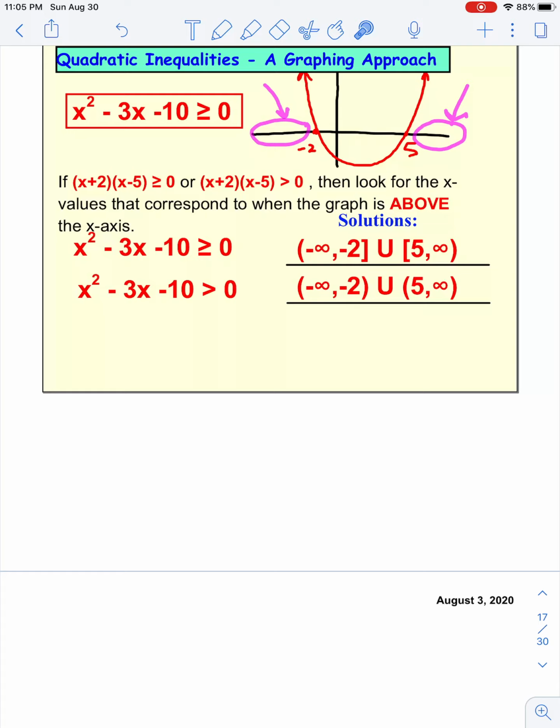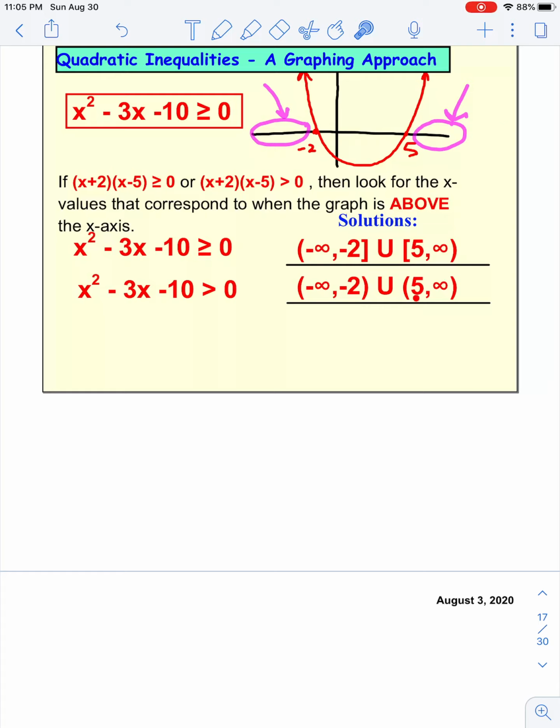So we know that the answer to this inequality, and it's greater, so it's an or, is going to be between negative infinity and negative 2, if you want to use interval notation, or it's going to be from 5 to infinity. And if it's greater than or equal to, we include the negative 2 and 5.